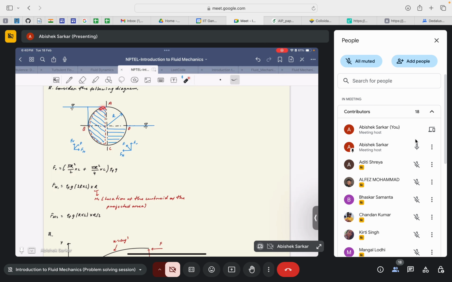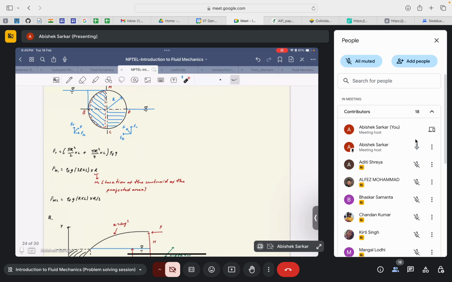The projected area of this curved surface on the left hand side would be the rectangular part of length 2r and breadth equal to the length of this cylinder, that is L. So it would be 2r times L. So the pressure force FH1 in this case would be rho times g times the area, 2r times L, the projected area of this curved surface, times the depth of the center of gravity of the projected surface, which would be r, right?